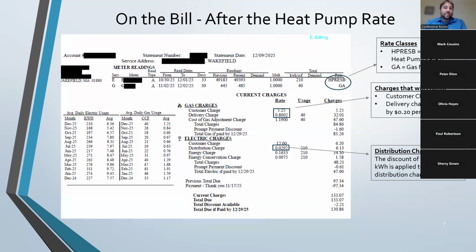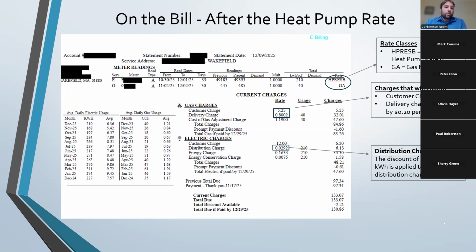Looking at the same example, just one month later, it shows that this person is on the HP Res B, and they've also been switched to GA, which is the gas non-heat rate, or as I sometimes call it, the gas appliance rate, which is a good way to remember it too.